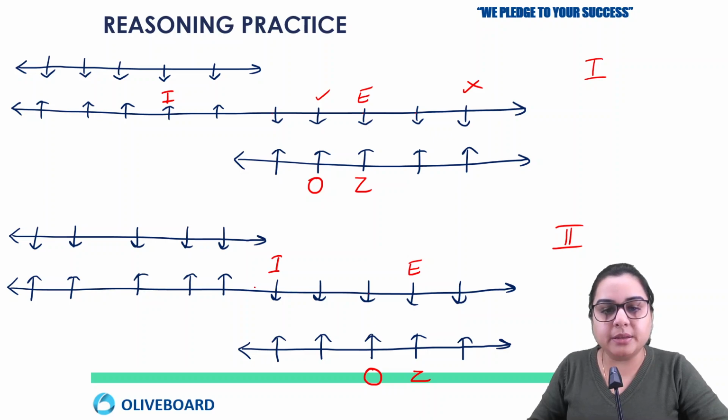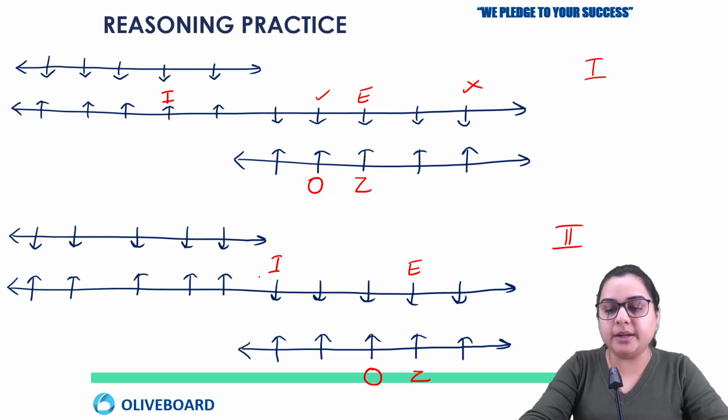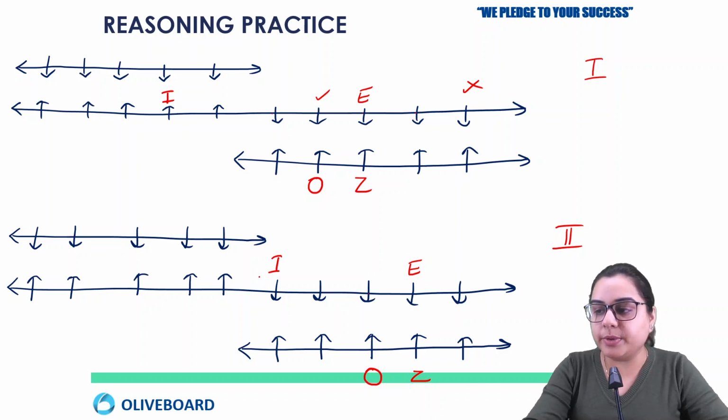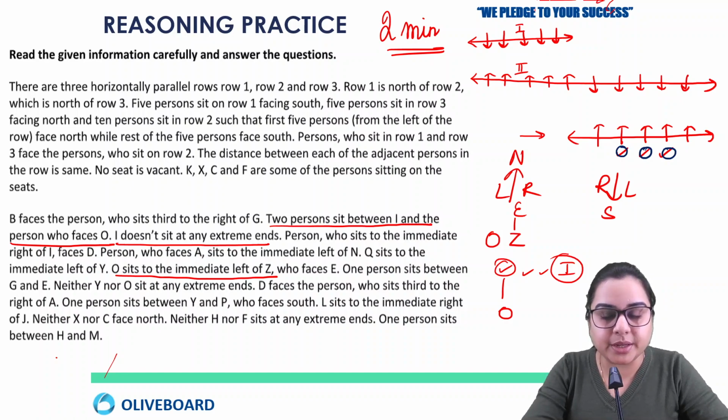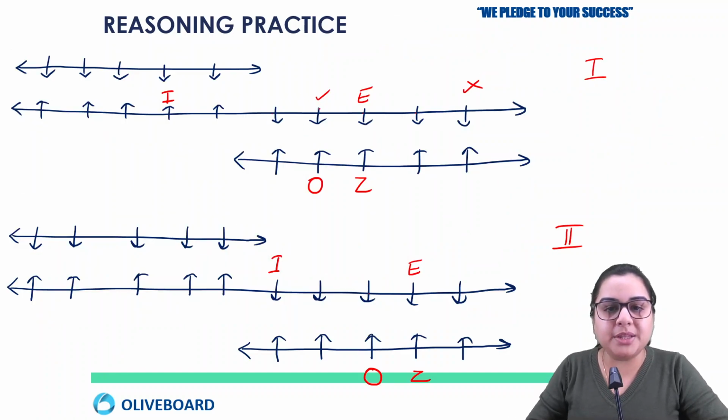And in the third case, because the question demands that two persons sit between I and the person who faces O. So if there are three persons between I and the person who faces O, that means in the first possibility, I think I have marked this wrong. Let me correct I.